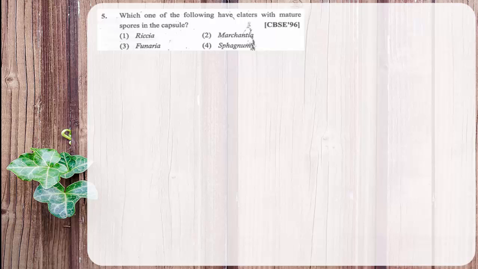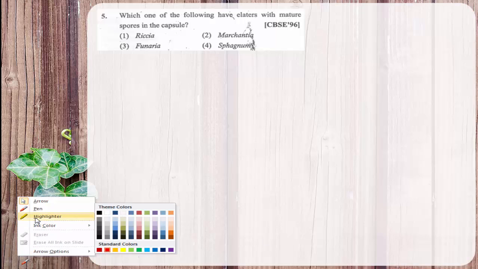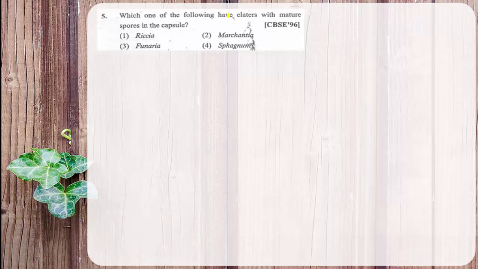Which one of the following has elaters with mature spores in the capsule? I don't know whether you remember it or not. While explaining the sporophyte in bryophytes, I mentioned the elaters along with the diagram.